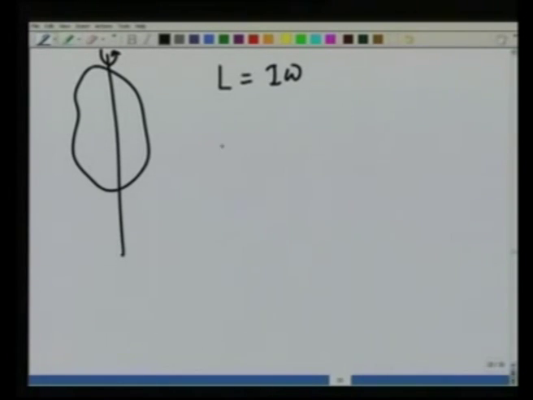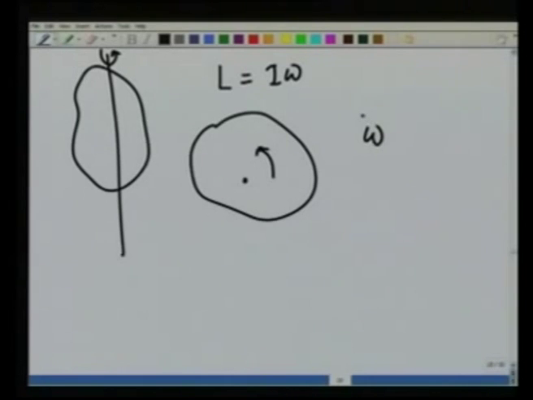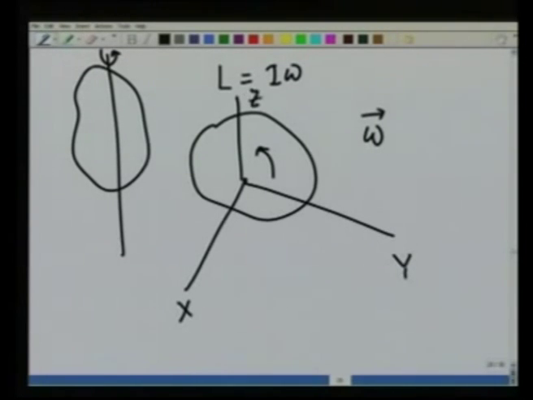Suppose we take a body which is fixed at one point and it is rotating with some angular velocity omega, so that if I take x, y and z axes, there is a component omega x, a component of omega in this direction, omega y, and a component of omega in direction omega z. What is the angular momentum about this point?